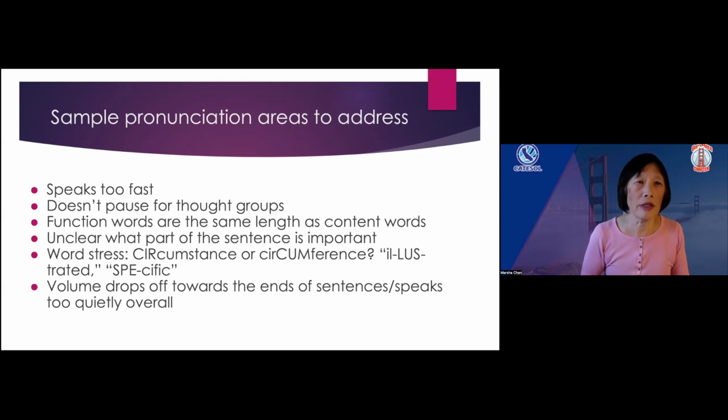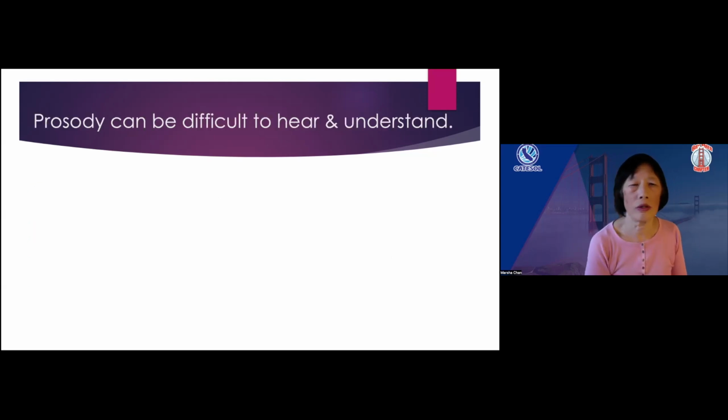Illustrated or illustrated, specific instead of specific. For some, the volume drops off toward the ends of sentences, or maybe the student speaks too quietly overall. So these are just some areas that you may wish to address with your learners.